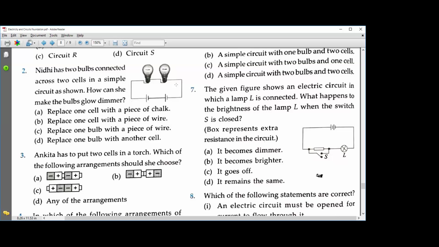So in case of turning the switch on and off, the lamp will have no effect, so it will remain the same, because there is nothing to glow in a resistance. It is just a hindrance, an opposition to current, which will always be the same. So it will be the same. D for 7. Okay, ma'am.